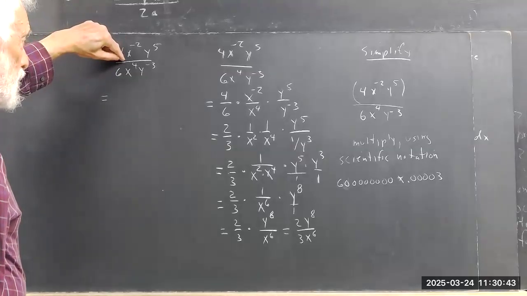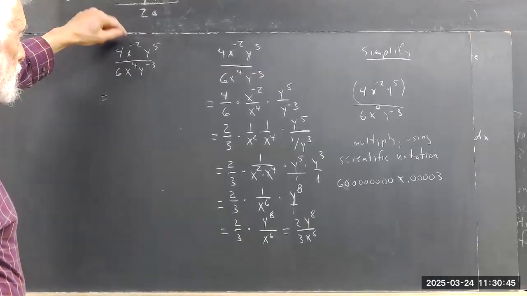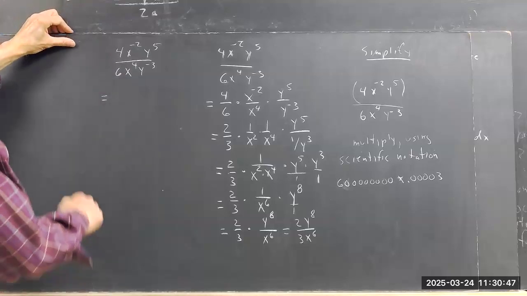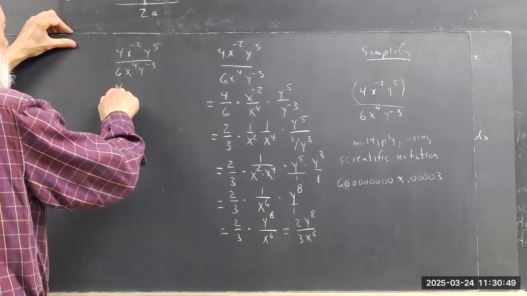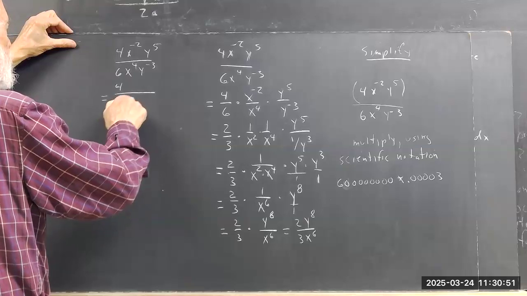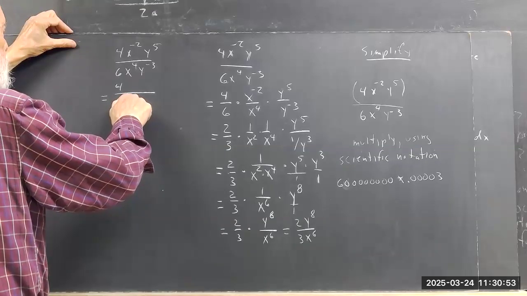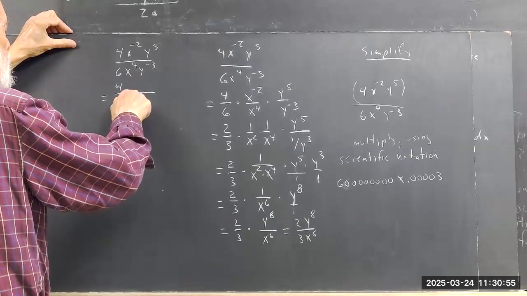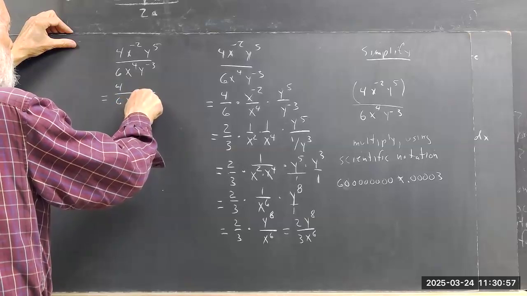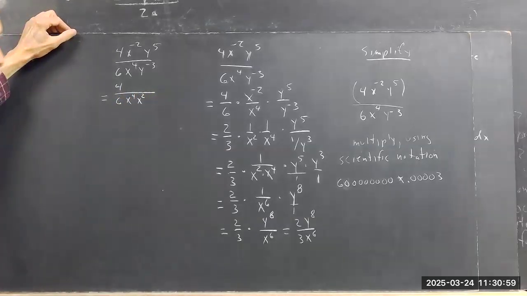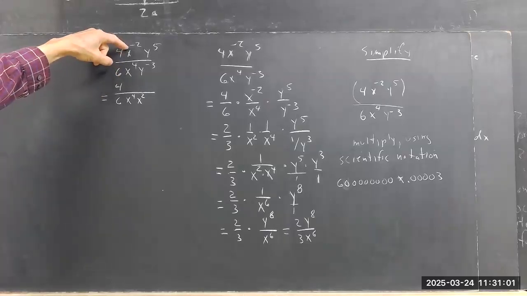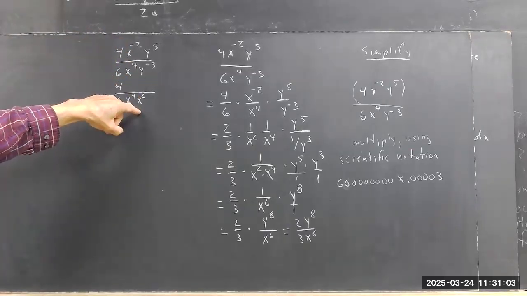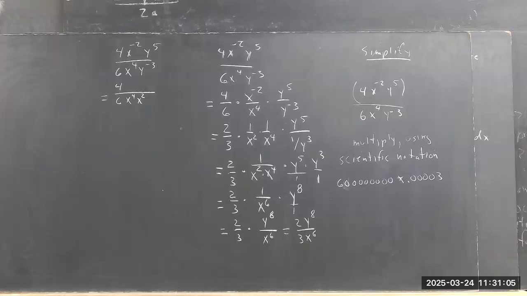say that x to the negative 2 is the same as 1 over x squared. So we can say that we're going to have an x to the 4th here and an x squared here. X to the negative 2 in the numerator becomes an x squared in the denominator.